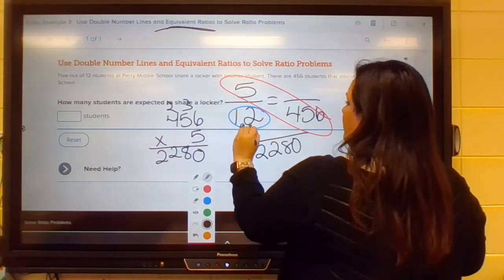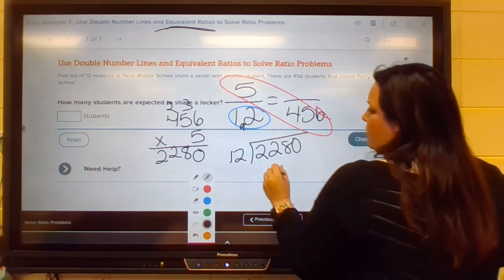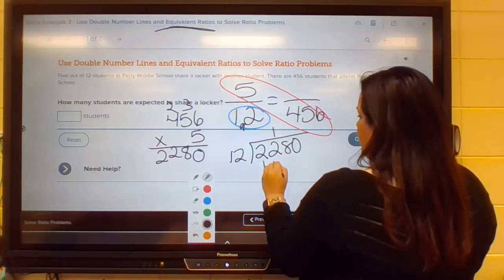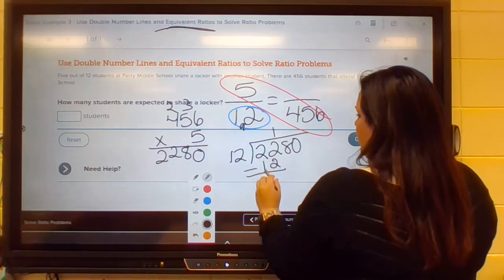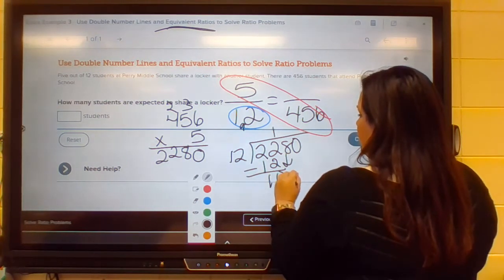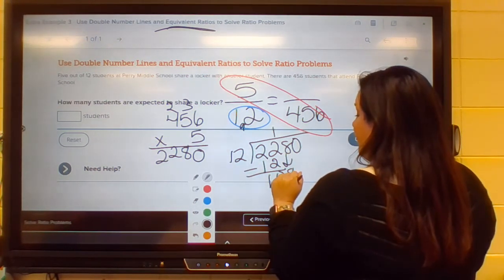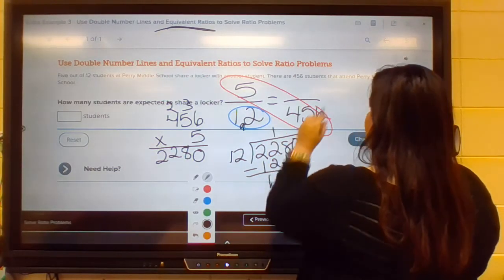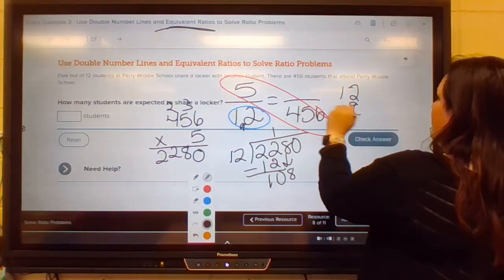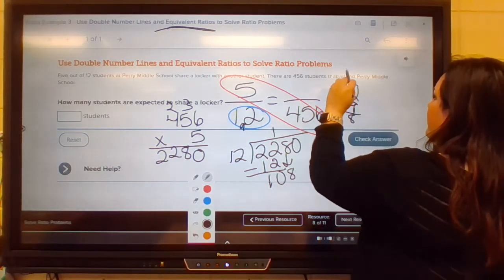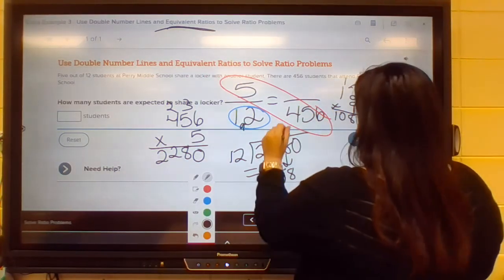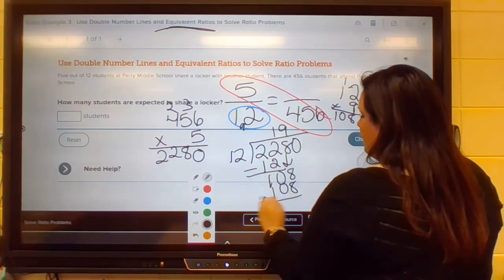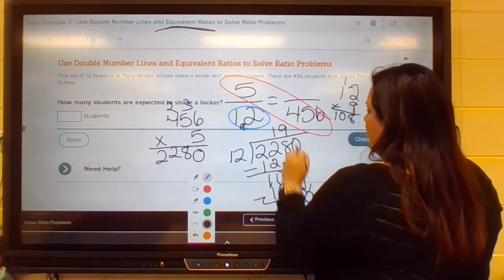Like I said, we divide by this 12. 12 goes into 22 one time, and we subtract, and we get a 10. 12 goes into 108 9 times, right? 12 times 9 is 108, and then we have a 0 and a 0.